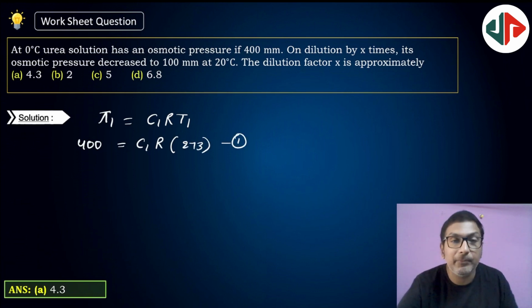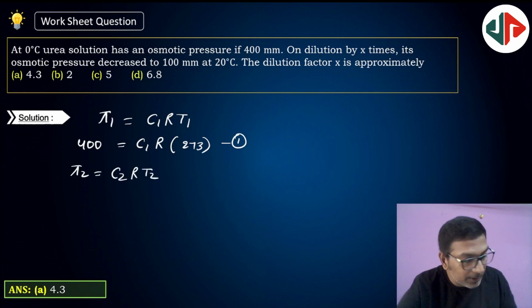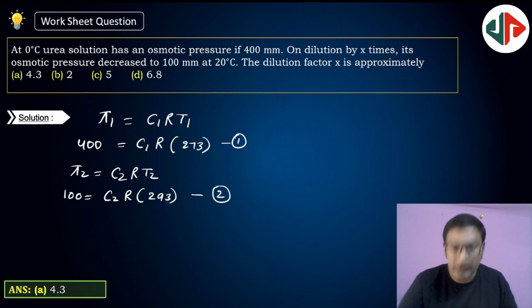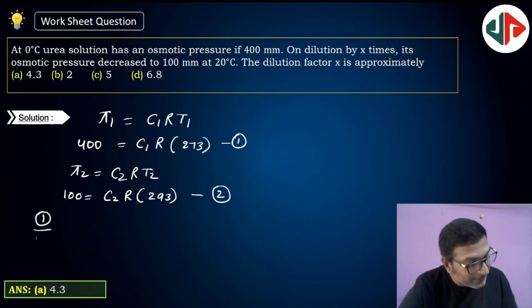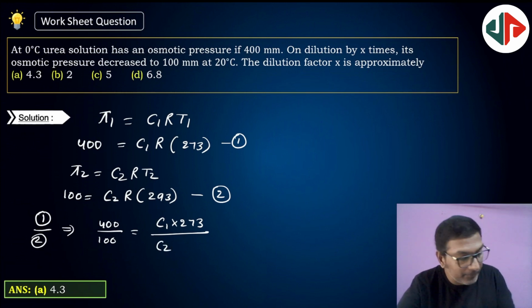Expression 1. Next, pi 2 equals C2 R T2, so this is 100 equals C2 R, with second temperature 20, therefore 293. Expression 2. Dividing 1 by 2 gives 400 by 100 equals C1 into 273 by C2 into 293.